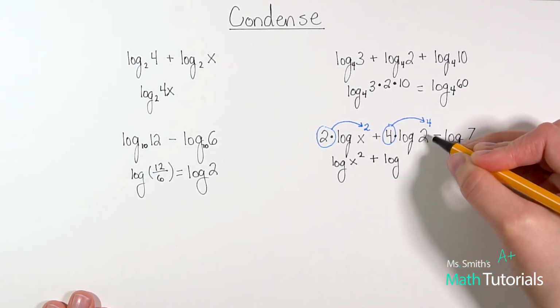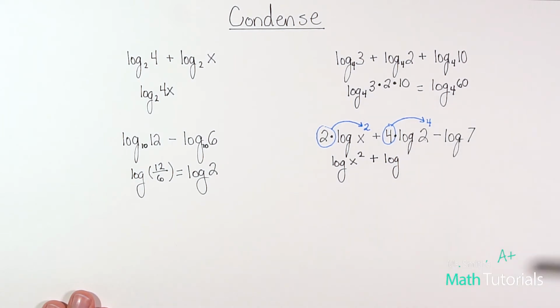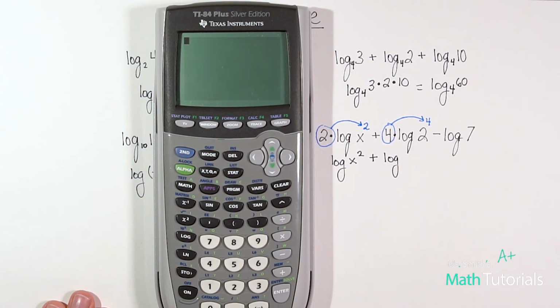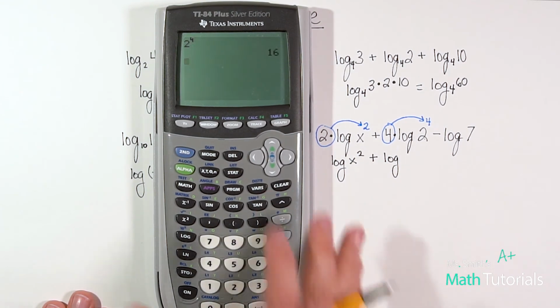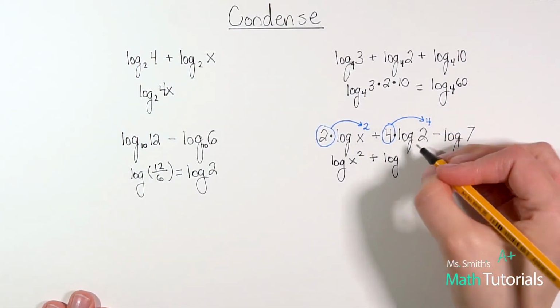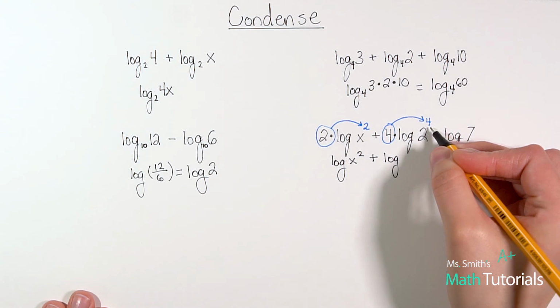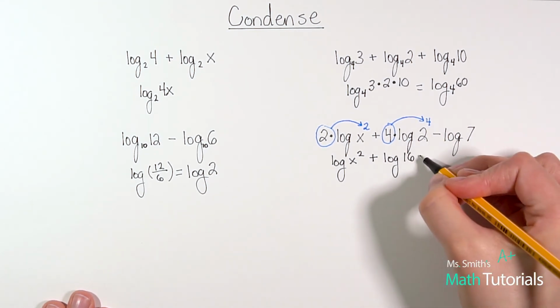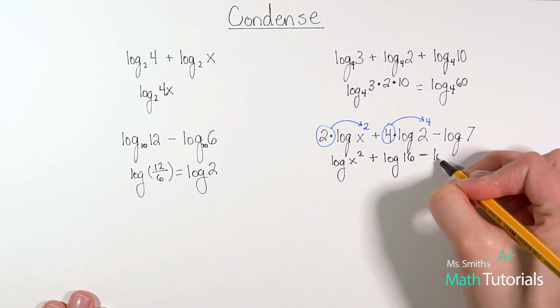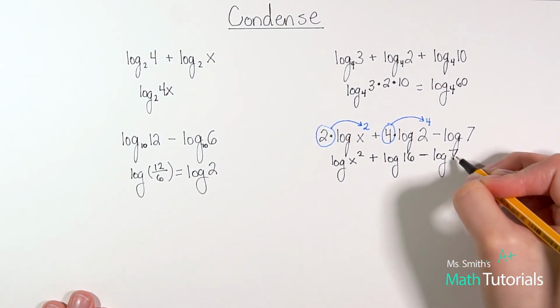What is 2 to the 4th power? And if you need to bring out a calculator to check, it's 2 times 2 times 2 times 2, but 2 to the 4th power is 16. Okay, so we could go ahead and reduce that to 16. Why not? Let's save some time. And then we are going to subtract log of 7.